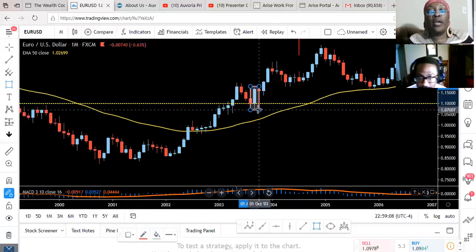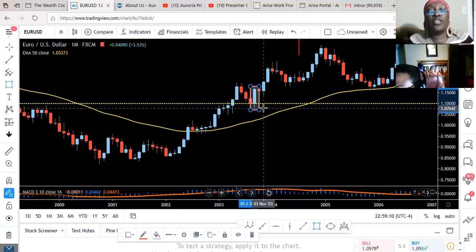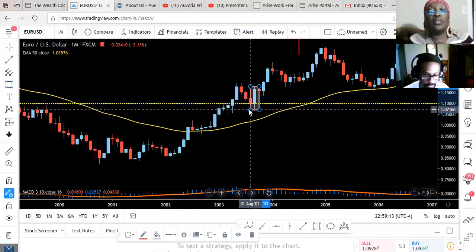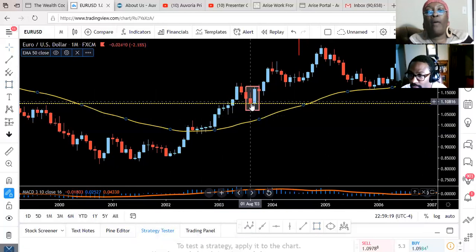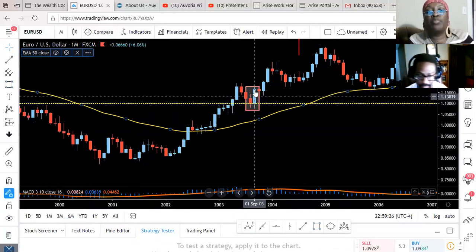Engulfing candle right here. Now, the criteria for an engulfing candle is this short bearish candle right here, and this bullish candle right here.